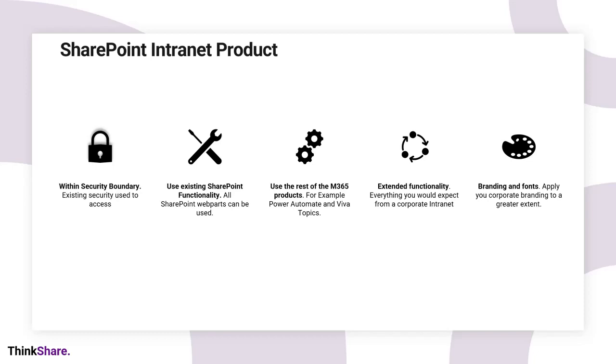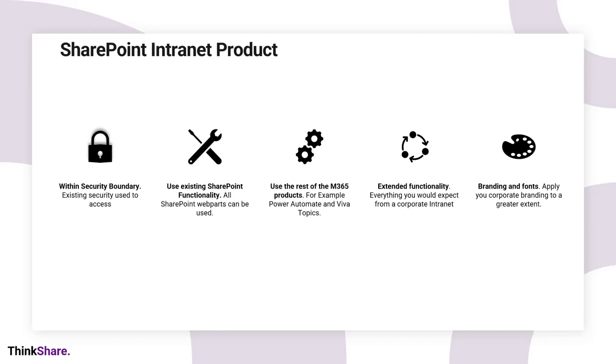So you're not reliant on what the intranet product provider has built to communicate with Microsoft 365. You've got all the native Microsoft 365 functionality. You can extend the functionality, so everything you expect from a corporate intranet is generally available within a SharePoint intranet product.